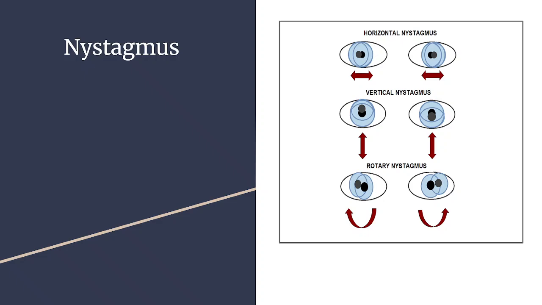In congenital and early infantile nystagmus, the patient is totally unaware of the eye movements since the object being viewed does not appear to move. To and fro movements of the eyes are noticed by the parents.